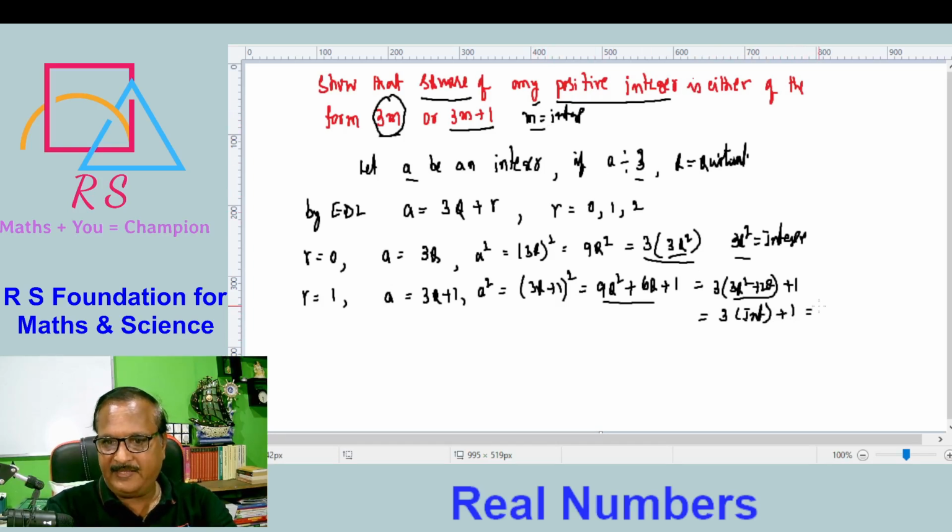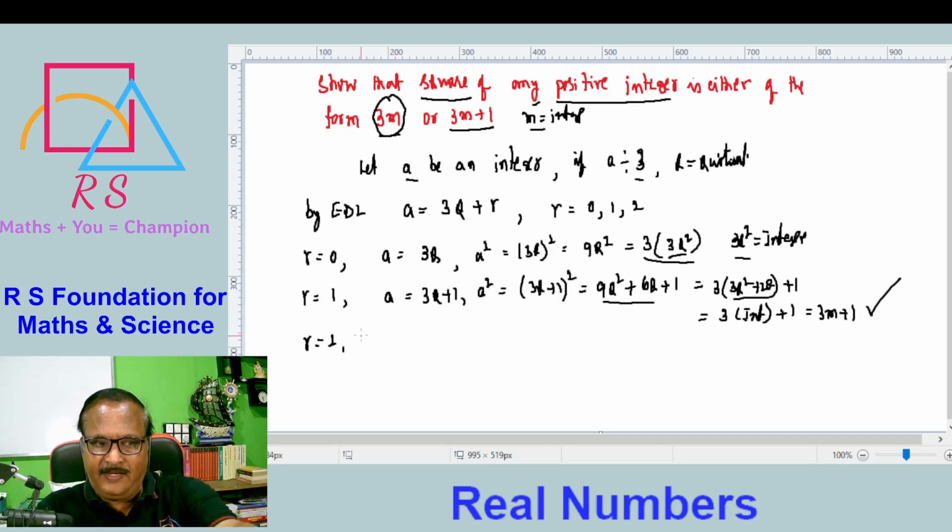So I can write 3m plus 1. So it is also an integer. Similarly you can write r equal to 2 also. That means whichever of these three remainders you take, you should be able to put a square either in the form of 3m or in the form of 3m plus 1.